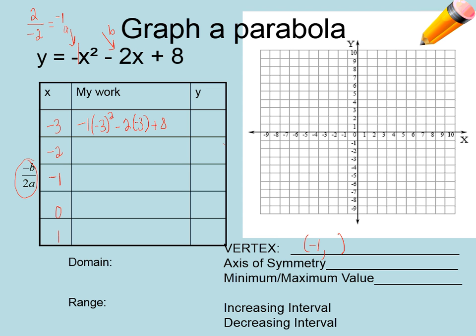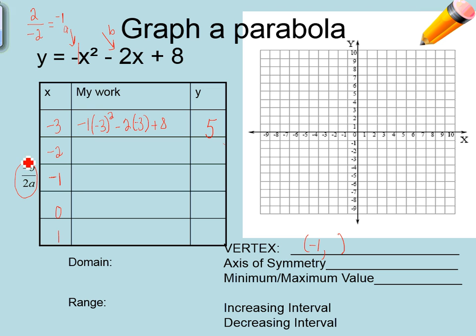I have to have the -3 in parentheses so that when I square it, I get a positive. Okay, so it's -1 parentheses -3 squared minus 2 times -3 plus 8. And that gives me a value of 5.